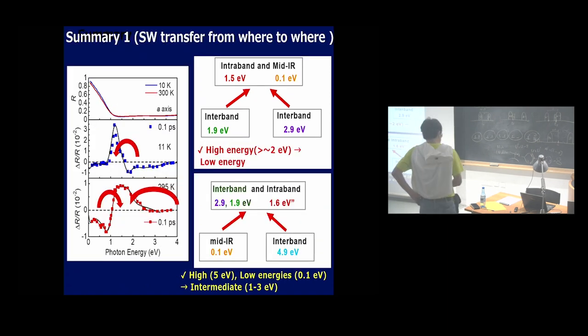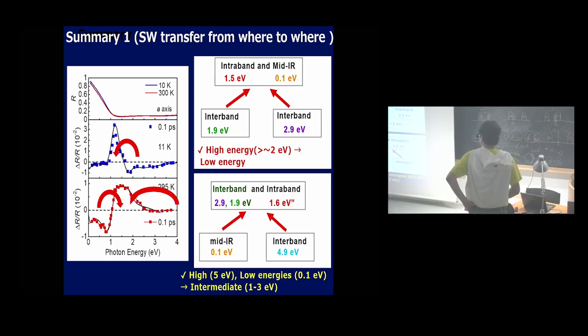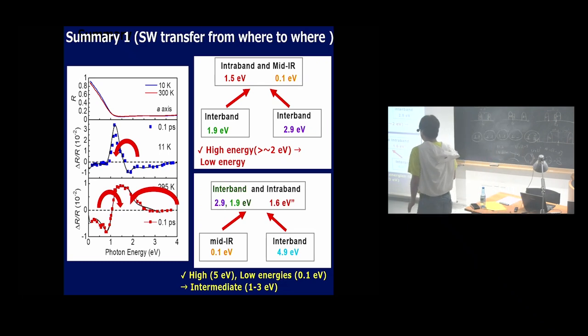It is also noteworthy that this spectral weight transfer is very different from the result for the normal state, where the spectral weight at both the lower energy and higher energy sides transfers to the intermediate 1.5 or 2 electron volt range. So they are very different. I'm not sure what the origin of this difference is, but anyway, they are very different.